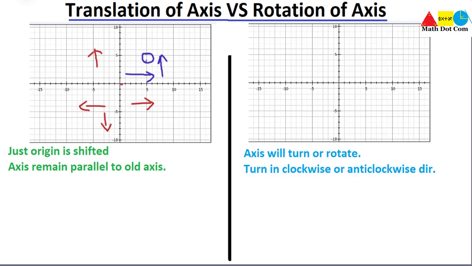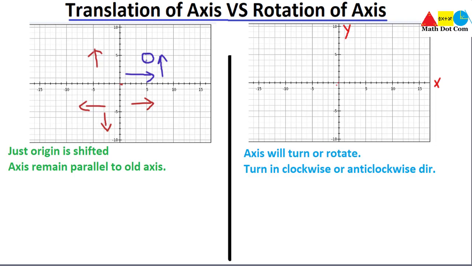So we'll start drawing it on the graph, as we know that this is the x-axis and this is the y-axis. If I'm asked how you will rotate the axes, I will keep the origin at its position. Here the origin will never be shifted in rotation of axis. The origin will remain the same. Keep this in your mind. In this case, the axes will rotate.